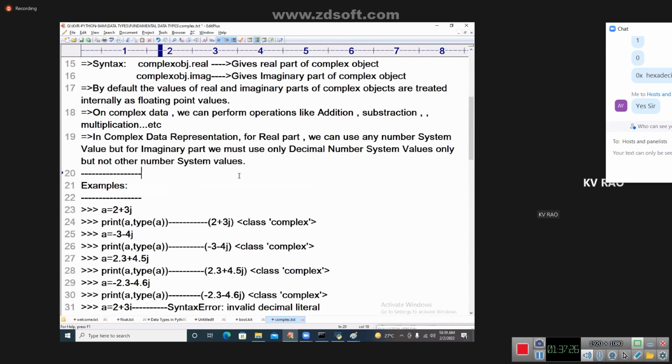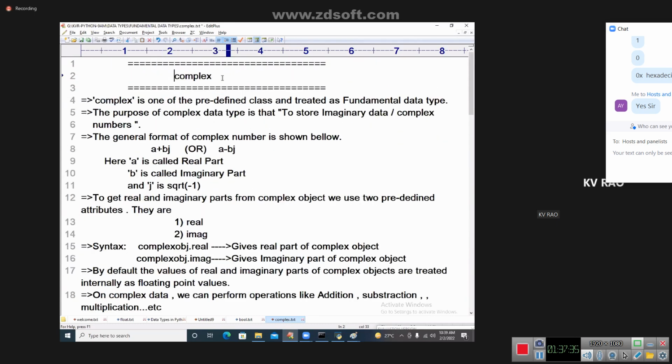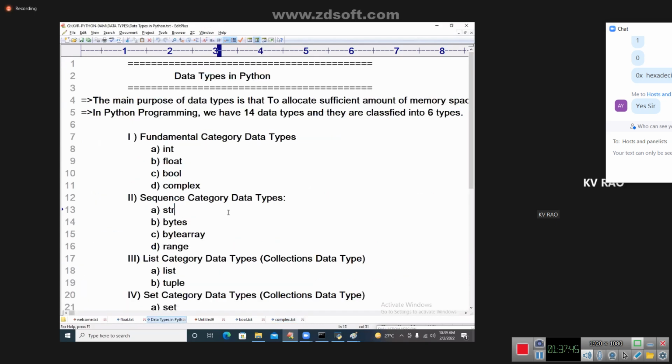So that's why maximum subject we need to get it into the data types, because data type is the heart for learning any Python programming. So dear students, is this concept clear? How many values we are representing? Please go to the data types once, my dear students, all of you. Once go. How many data types we have? Here I am having 14 data types. Fundamental data types we have discussed.